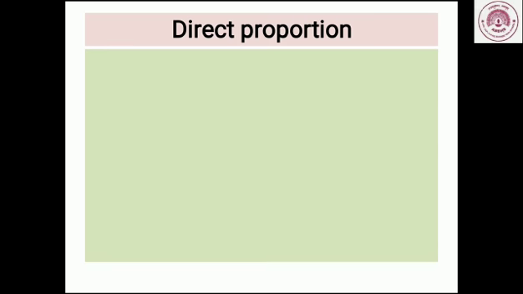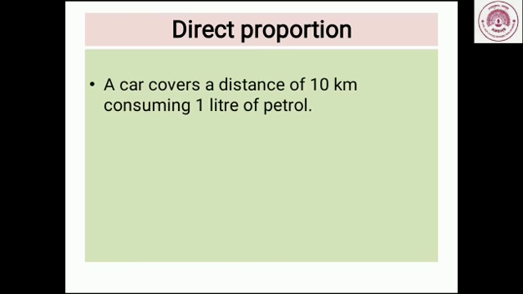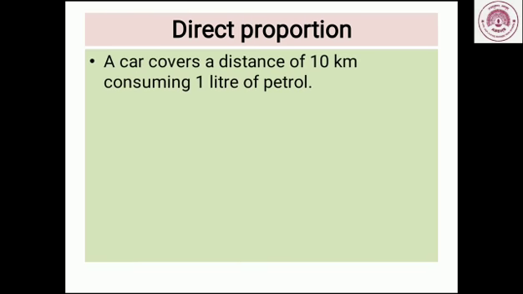Direct proportion. Now this topic was also done last year. So let's see an example. Suppose a car covers a distance of 10 km after consuming 1 liter of petrol.